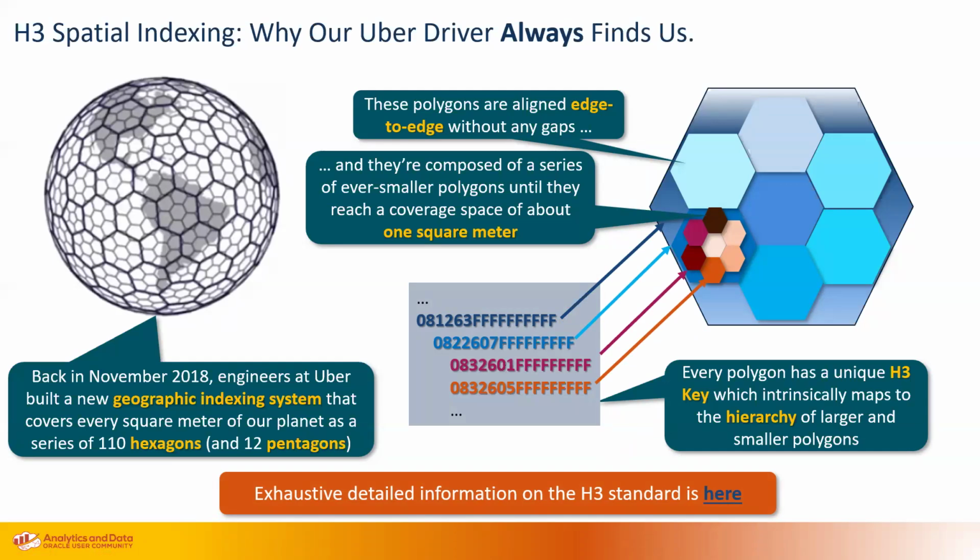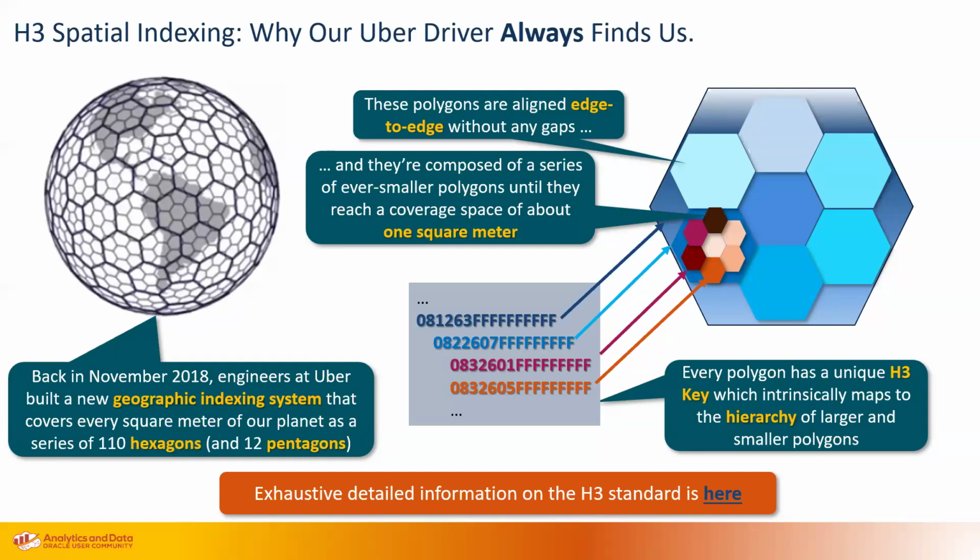How many Uber drivers are close to my hotel? Bingo. Now, here's the cool thing. Each one of these polygons could be a hexagon inside a pentagon, but in most cases, it's going to be hexagon within hexagon, is assigned a specific value called an H3 key. Here's the cool thing about H3 keys. They are hierarchical.